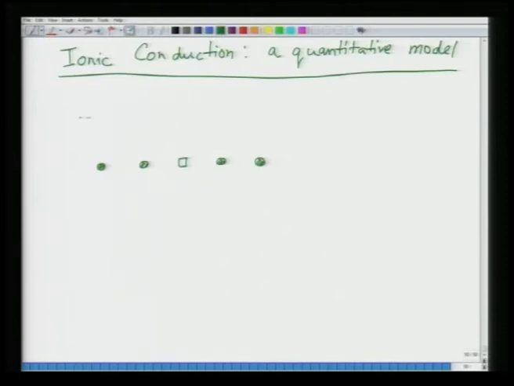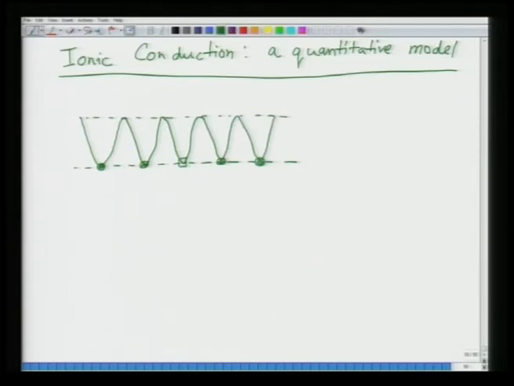So, if I draw the potential energy diagram, it looks something like this.